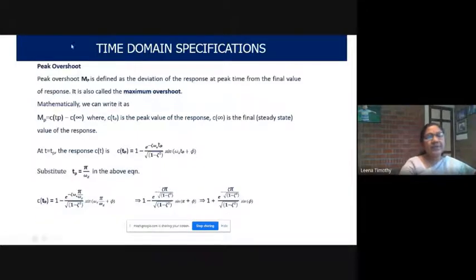So here, this is the general expression. Mp is the difference between these two. This is C infinite, that is equal to 1. So we have to find C(Tp). Substitute Tp is equal to pi by omega d in the expression, then simplify.